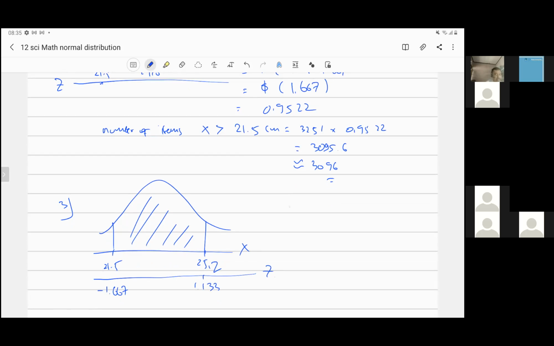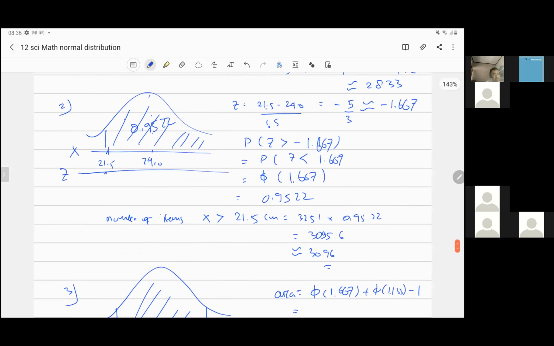So the area is going to be phi of 1.667, no negative, okay? Phi can only accept a positive value, plus phi of 1.133 minus 1.